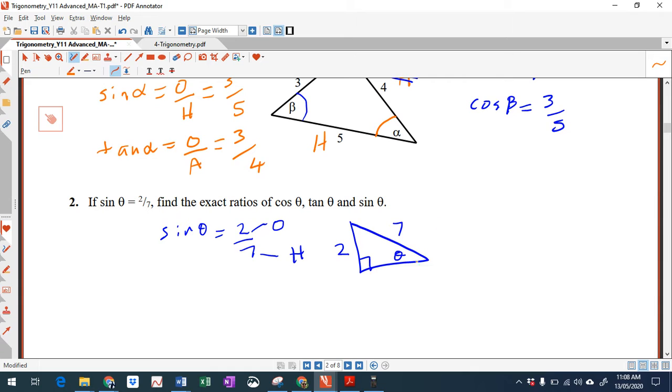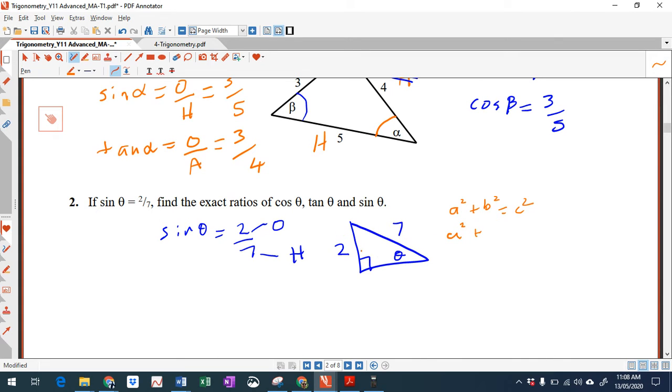We're using Pythagoras. Pythagoras says a squared plus b squared equals c squared. Let's call the unknown side a squared.